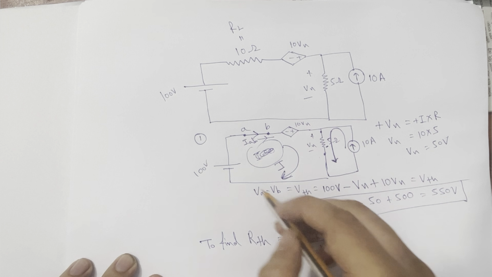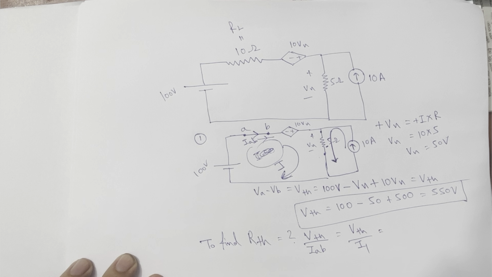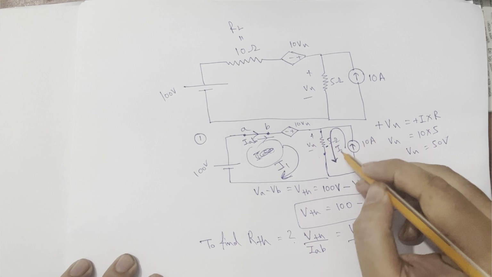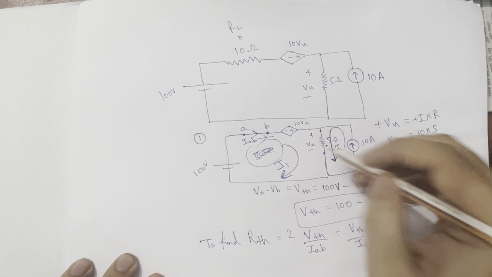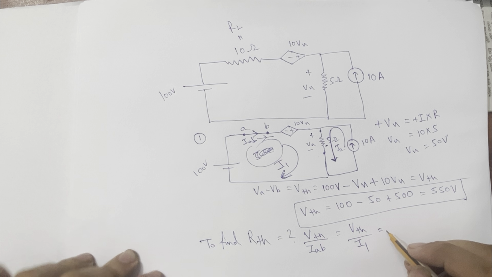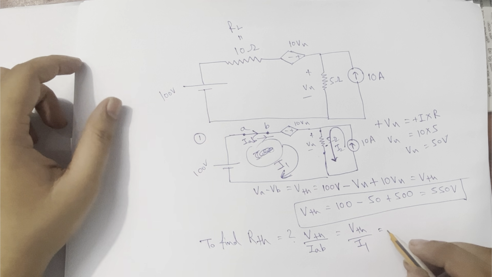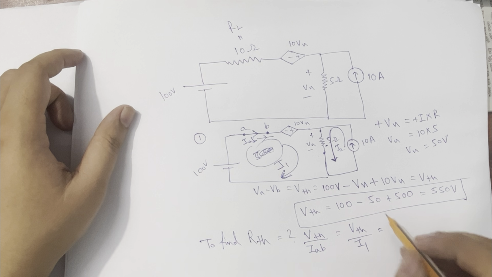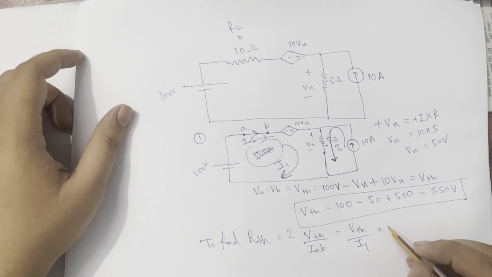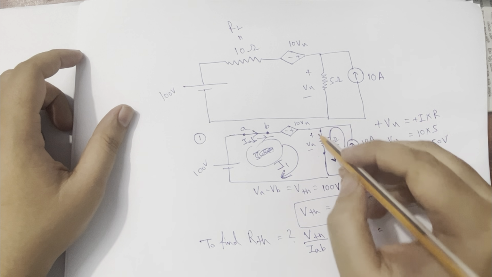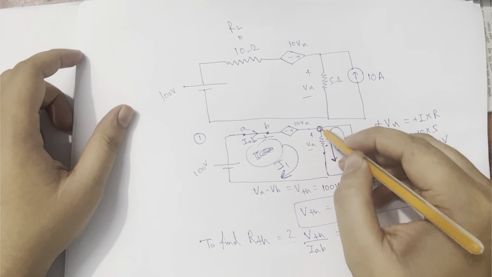So let's write the equations. Now for this circuit, what will be the equation? After short circuiting this, we have I1 over here and I2 over here. I assumed I2 to be like this. This is the positive direction for this I2. So here we can simply write two equations. First of all, one equation will be: let's start from here and write a KVL equation like this.